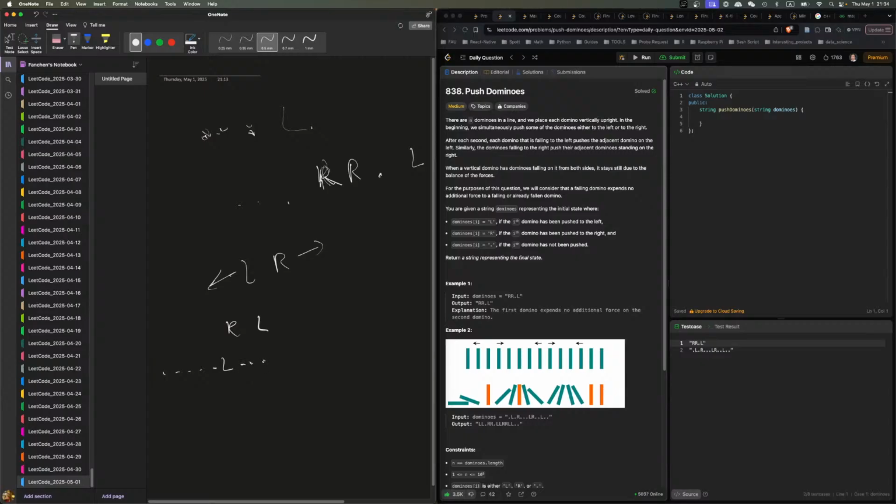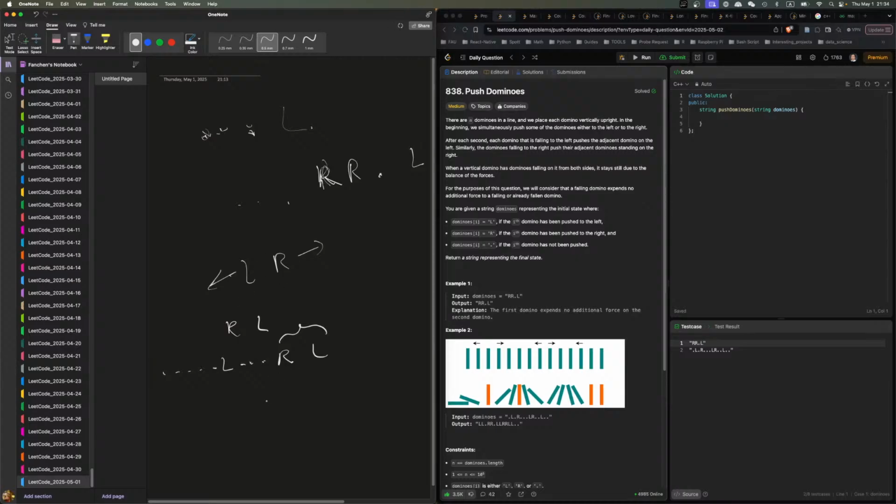And then we hit a right. Okay, so when we hit a right, and also right-left is like concentrating, so the impact is not expanded outwards.